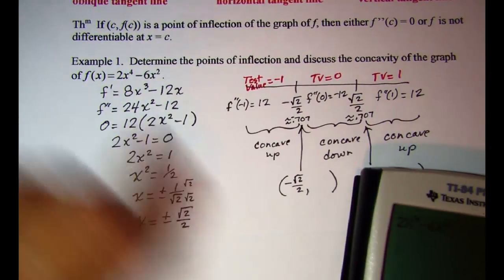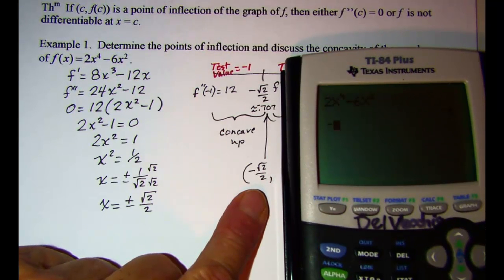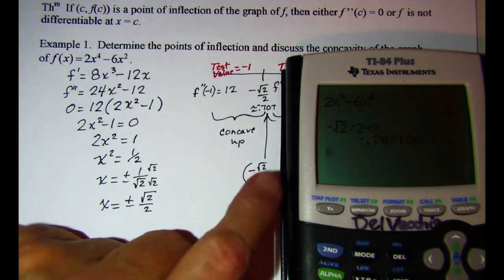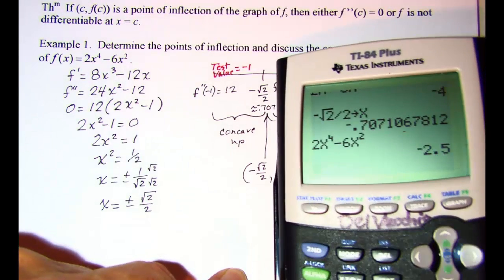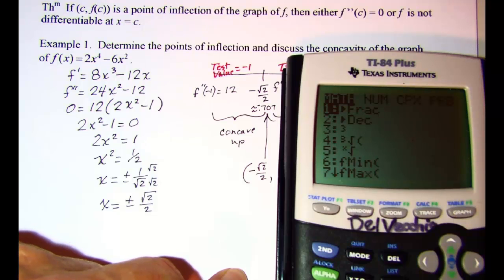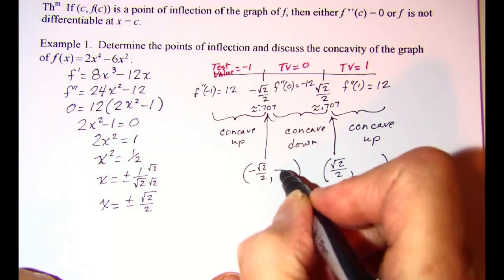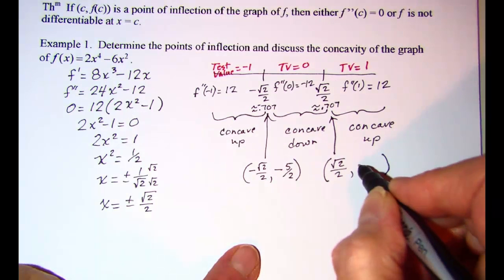And let's put our -√2/2 in for x. I get -2.5, or -5/2. And this one will also be -5/2.